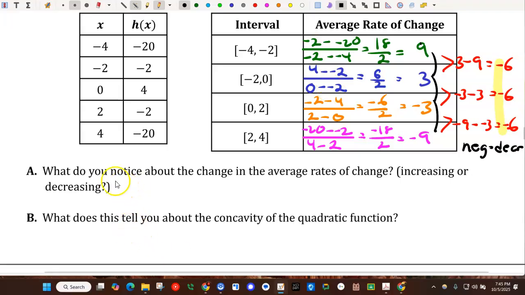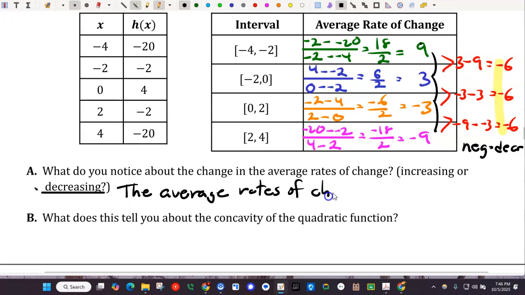So right here it just says, what do you know? It's about the average rate of change. All right, it is decreasing. All right, so you can just say the average rates of change are decreasing, getting smaller as we go down.